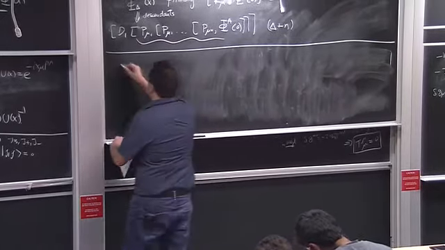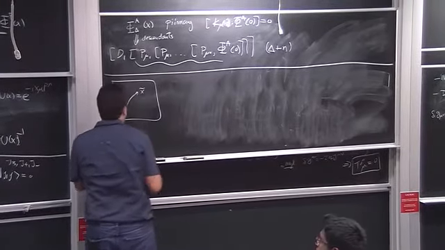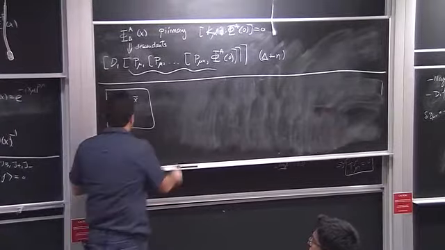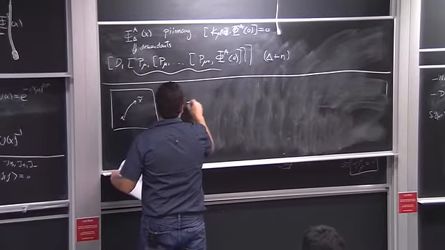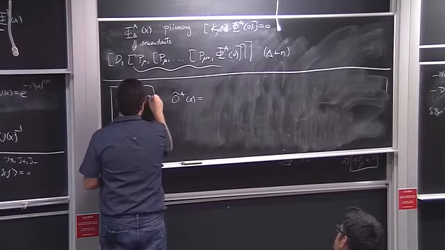So now I can do a conformal transformation from x to x tilde. I think you know by now what I mean by this. I'm going to call this g times x.